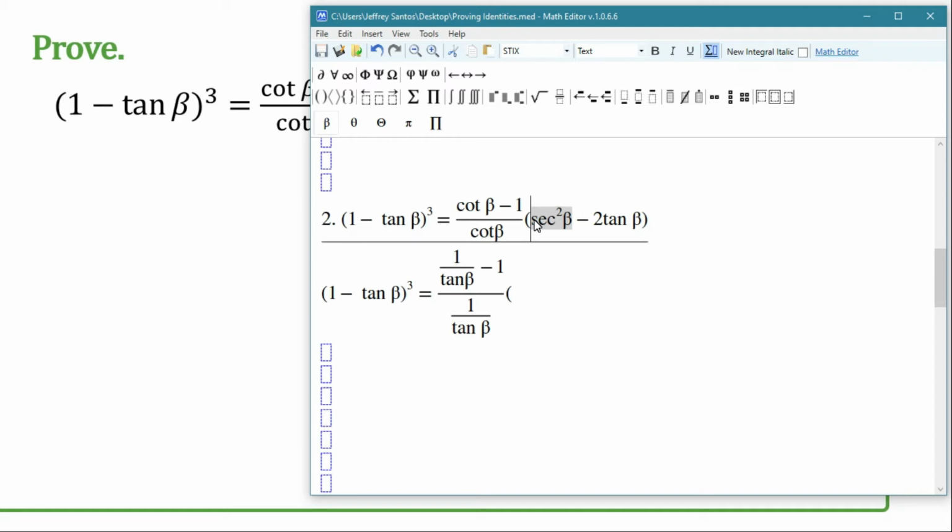Kung natatandaan, that is actually 1 plus tangent of beta squared. I-represent natin to using the fundamental identity: 1 plus the tangent of beta squared.